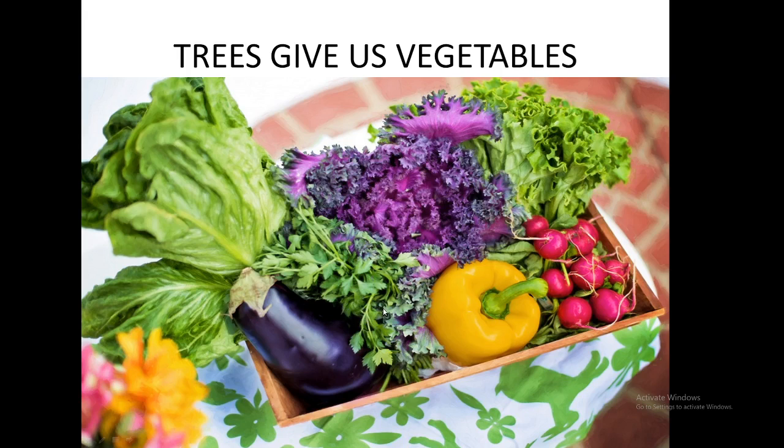So many vegetables they give us, like cabbage, brinjal, broccoli, capsicum, coriander, beetroot, all these vegetables they give us, right? Through the vegetables also we get the vitamins and minerals, so they protect us from diseases.